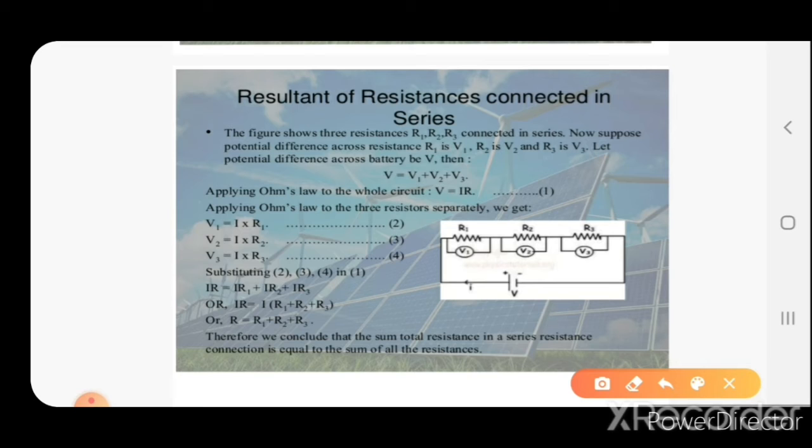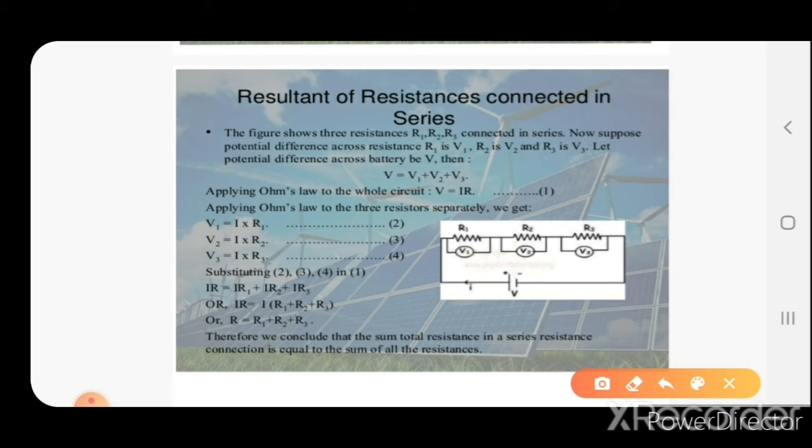So therefore we conclude that the total resistance in a series connection is equal to the sum of all the resistances present in the connection. So what is the ultimate statement in series combination?